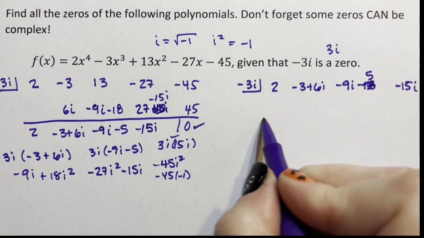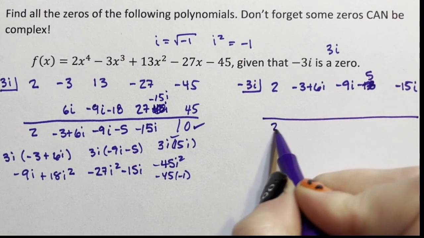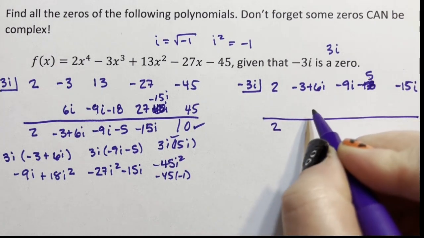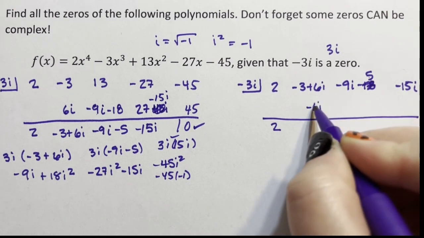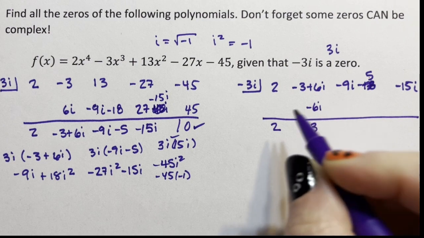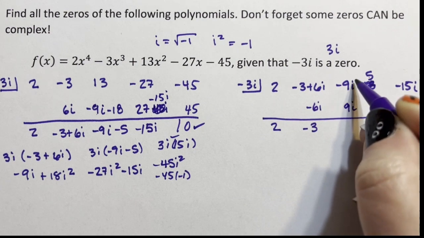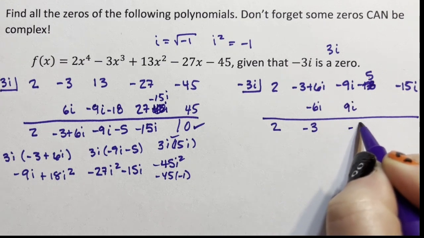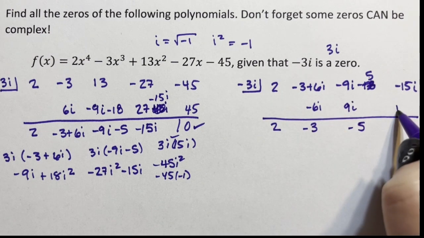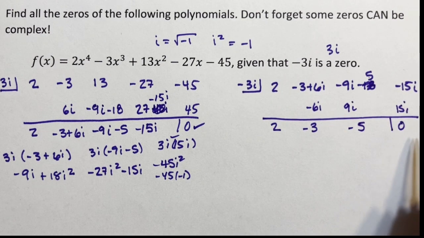Okay. Add down, multiply. I'm going to get a -6i. Those are going to cancel, leaving me with -3. These are going to multiply, 9i. These are canceling, leaving me with -5. These will multiply, 15i, 0. Right? Isn't that beautiful? I love how that all works out.